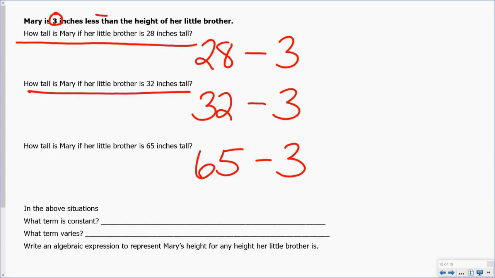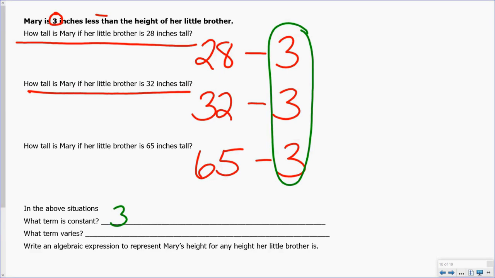So now let's look at our questions down here. It says, in the above situation, what term is constant? Well, again, I know from before that constant means staying the same. So when I look at my expressions, what is staying the same in all my expressions? Well, this 3 is. So the number 3 is staying constant in there.